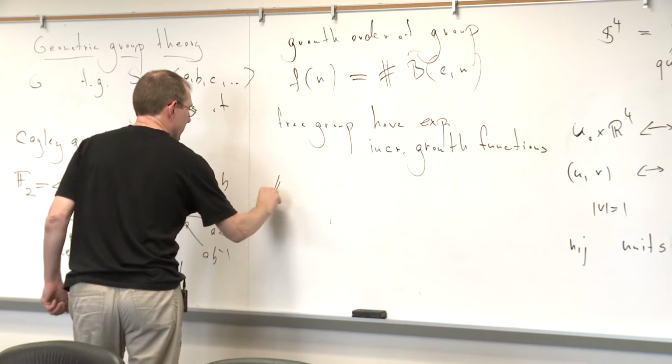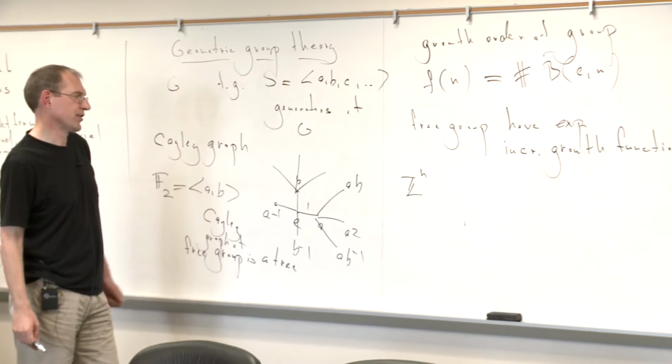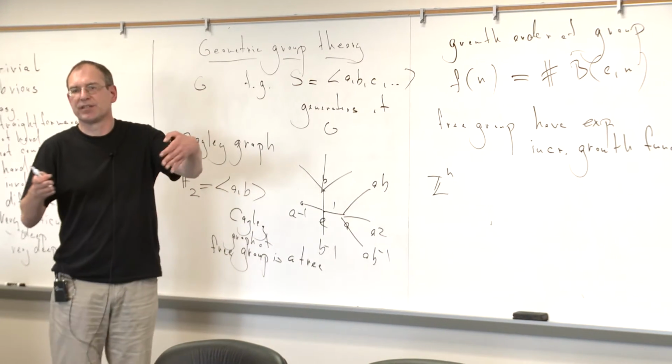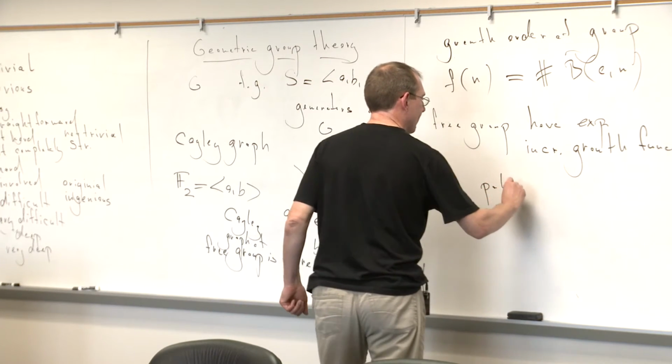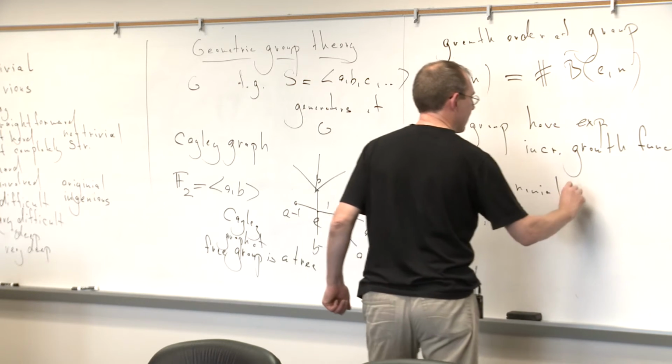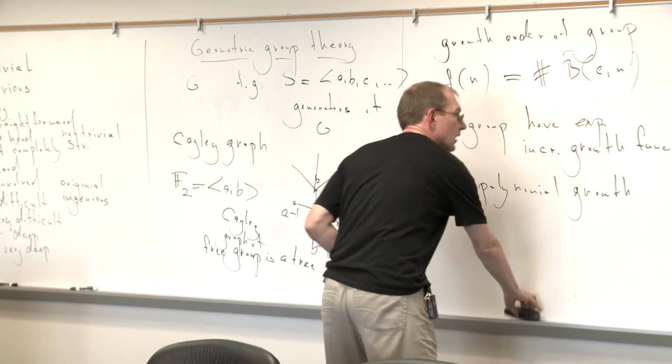If you take a group like Zn, for example, with some natural set of generators, as you can imagine, then you get polynomial growth.